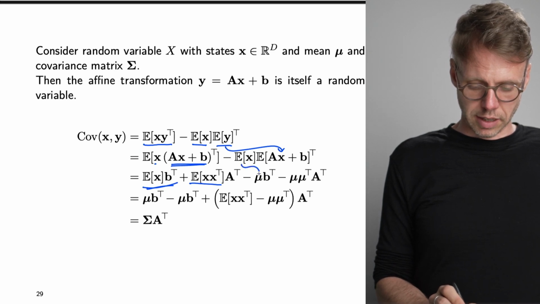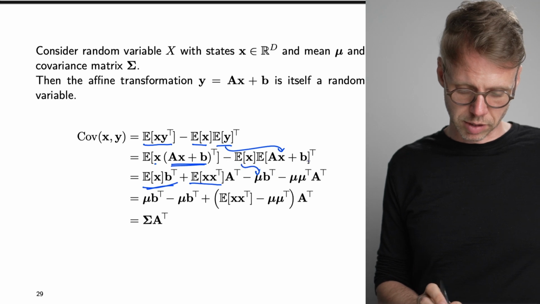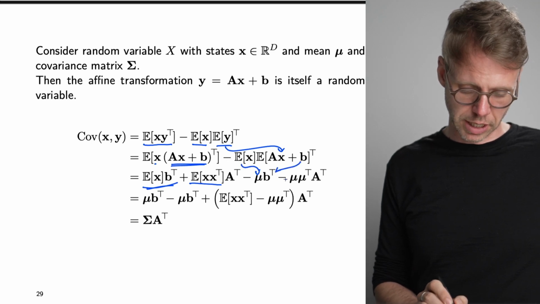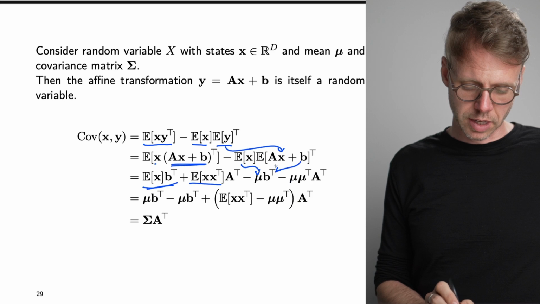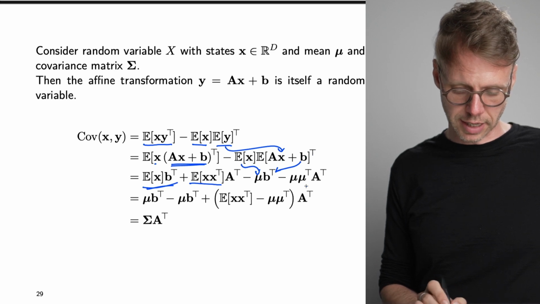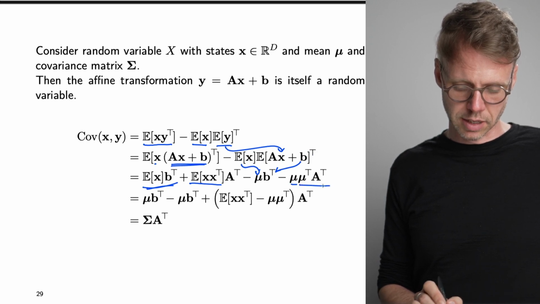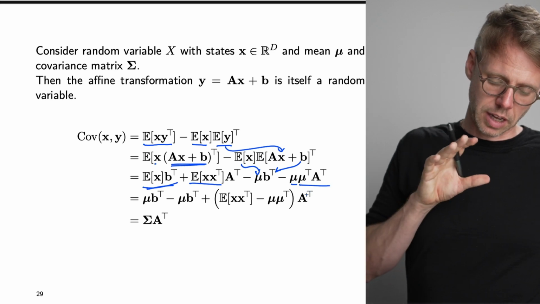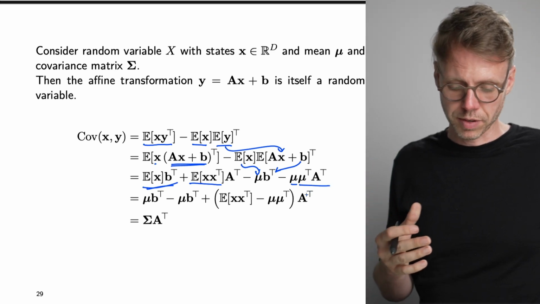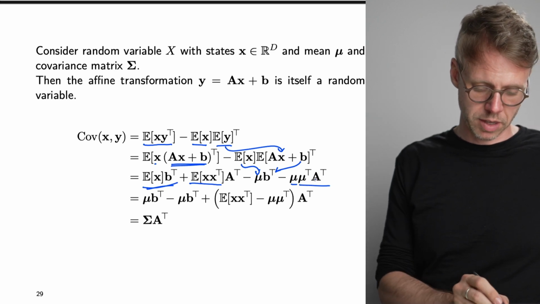Here we can plug in the expected value of x, which is mu, times the constant b transpose. For the second part, the expected value of Ax, as we have just said, is A mu, and the transpose of this is mu transpose A transpose.